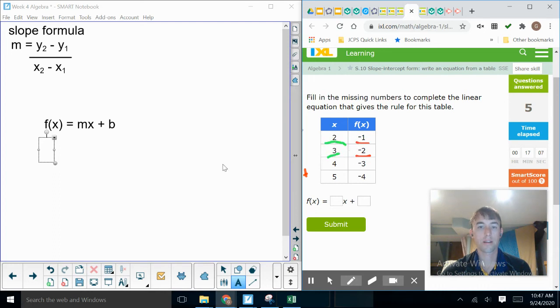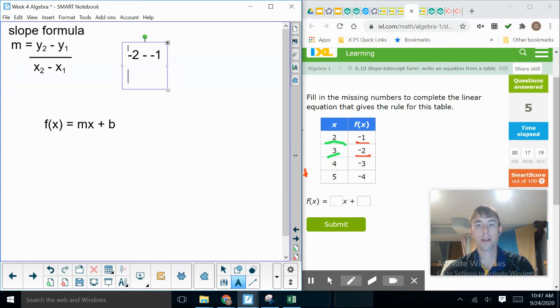All right, and I'm going to use that over here. So my y2 is negative 2 minus my y1, negative 1. All right, and then my x2 is 3 minus 2. So y2 over y1, x2 over x1.